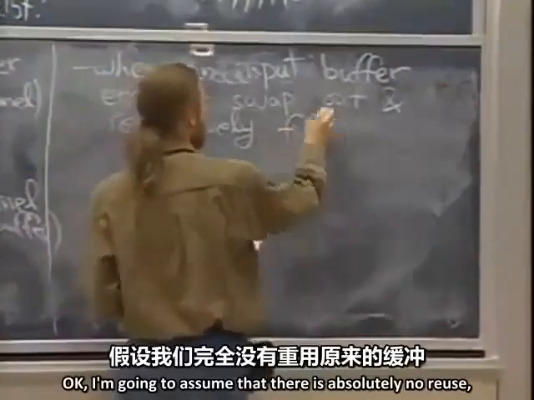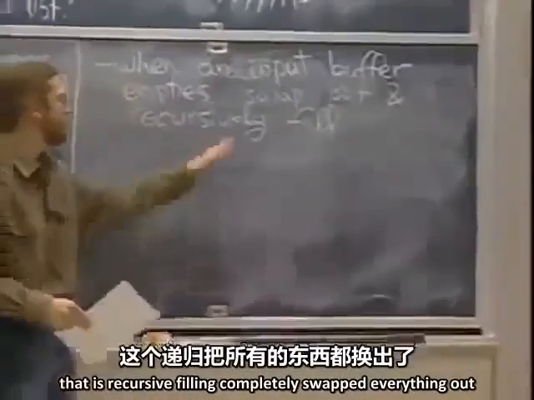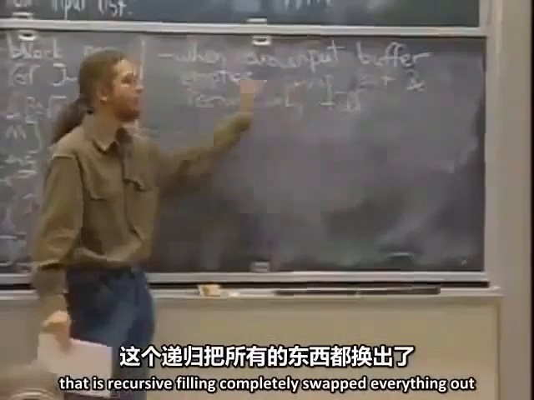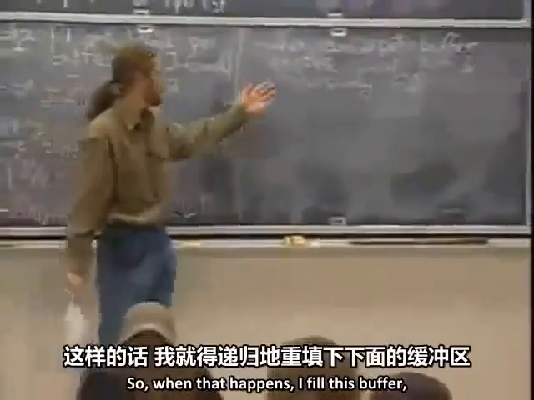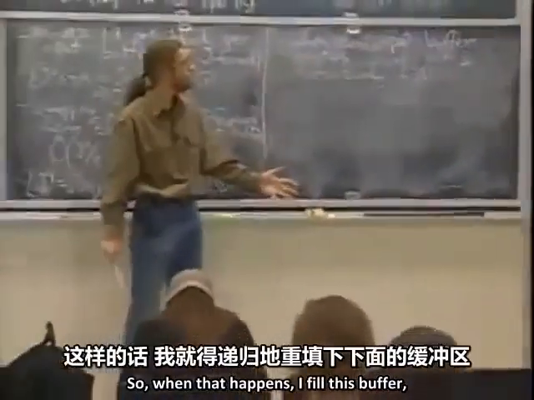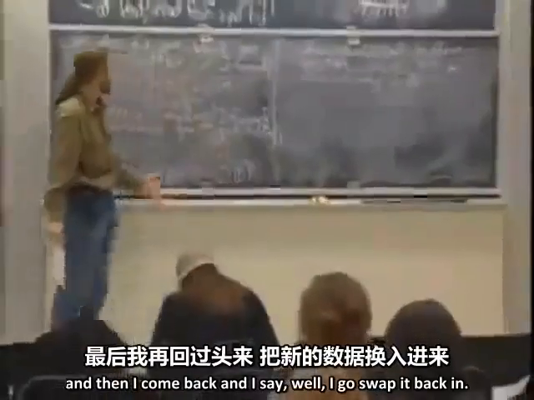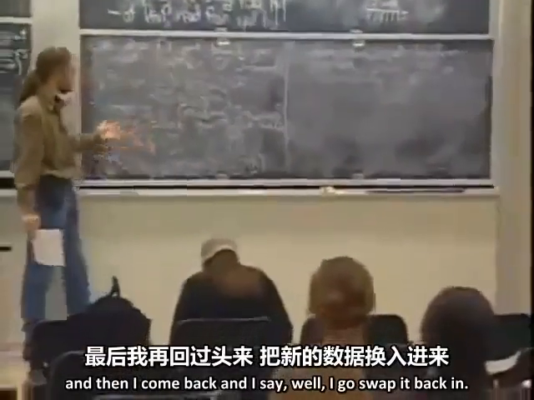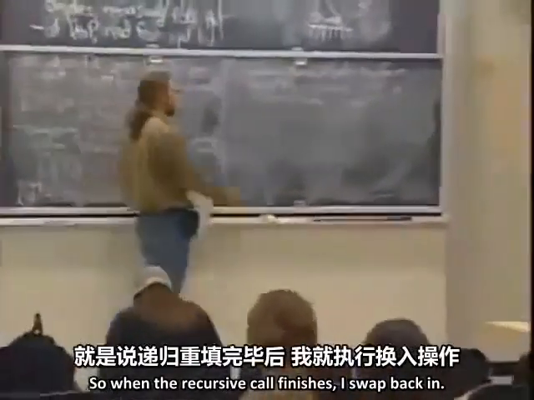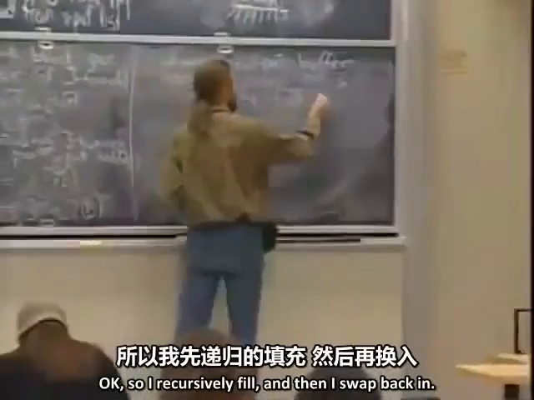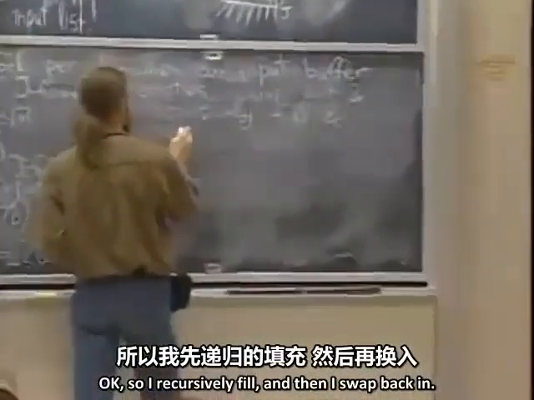Okay, I'm going to assume that there's absolutely no reuse, that this recursive filling completely swaps everything out, and I have to start from scratch for this funnel. So when that happens, I fill this buffer, and then I come back and I say, well, I got to swap it back in. So when the recursive call finishes, I swap back in. Okay, so I recursively fill, and then I swap back in.